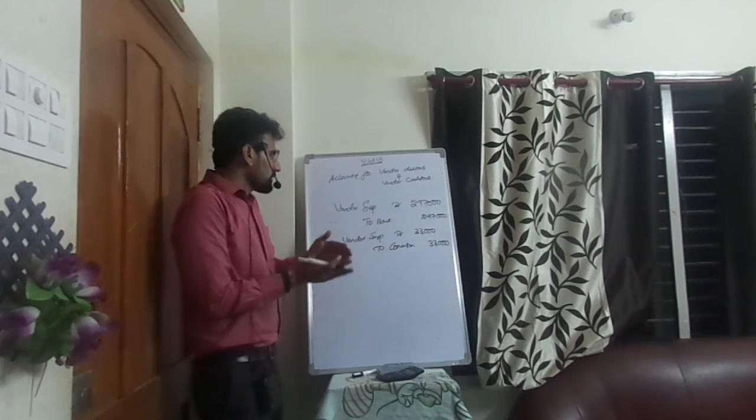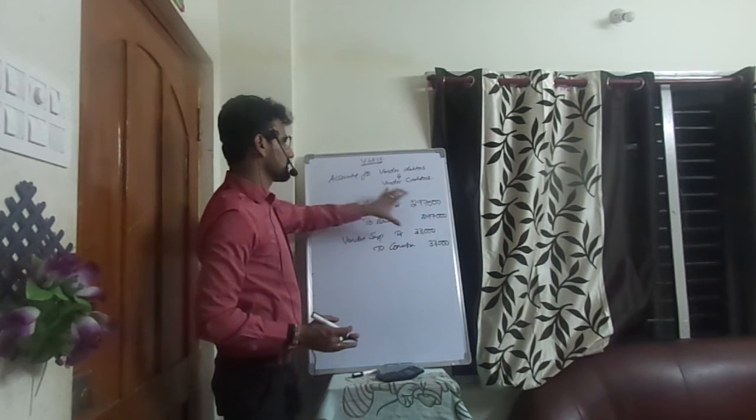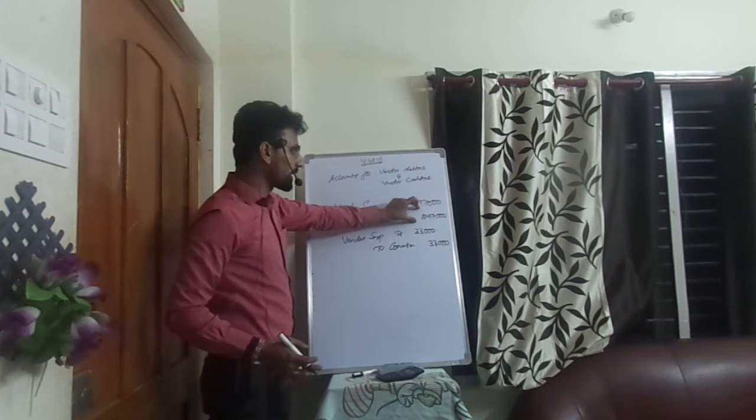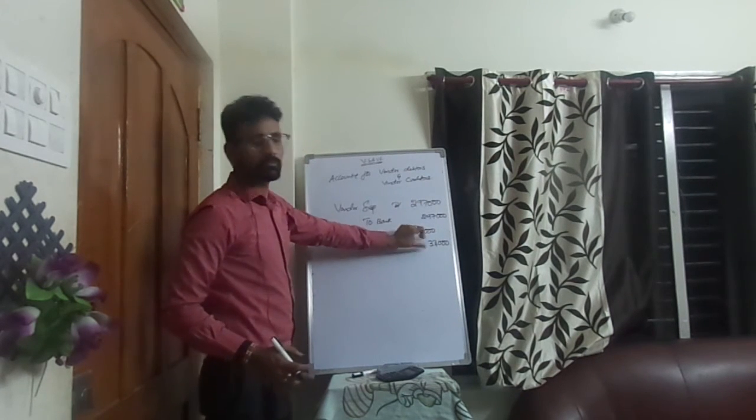Or you can club this entry: vendor suspense 3,30,000, to bank 2,97,000, and to commission 33,000.